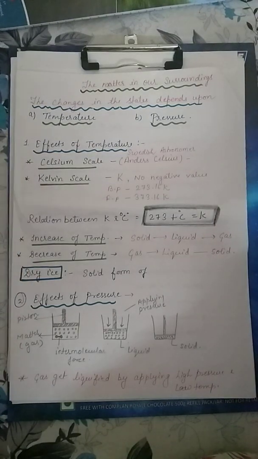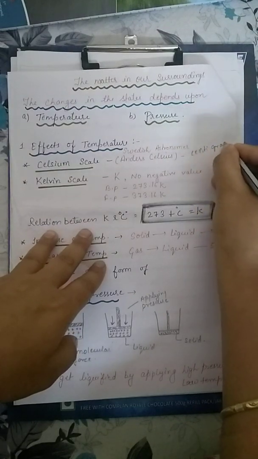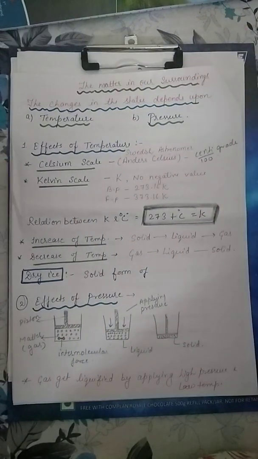First one is the Celsius scale. It is also called the centigrade scale. Centi means 100 and grade means steps, so 100 steps, centigrade.